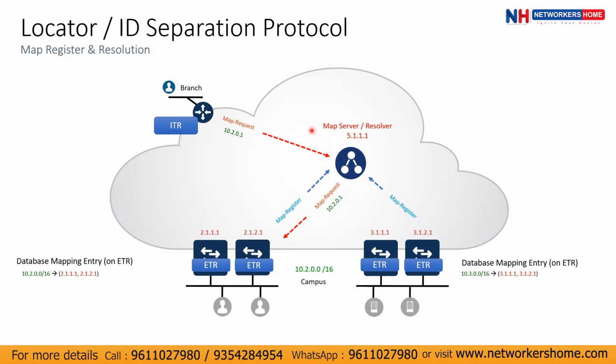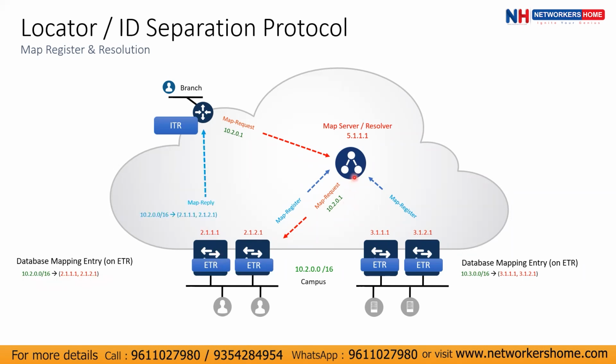So this is traditional LISP; in SDA we have changed it a little bit. I'll show you that, but try to understand this flow. The map request goes to the control plane, or I would say the map server, map resolver, and the map server, map resolver forwards that map request to the specific fabric edge to get the specific RLOC, because we have this /16 pool behind these two RLOC address spaces.